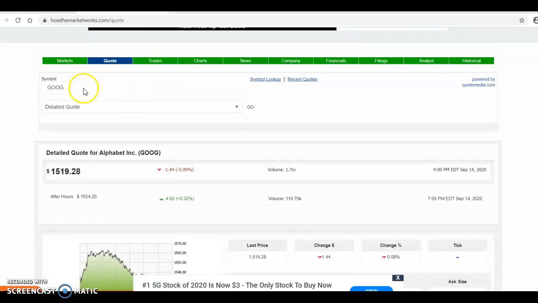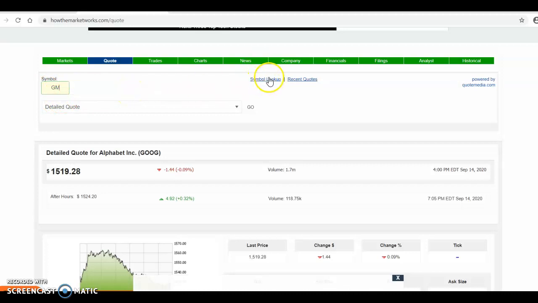Now up at the top, this gives the symbol of the company. They use as an example Google, whose symbol is GOOG. You would have to put in the symbol of whatever company you want to look at. Now I'm putting in GM, which is the symbol for General Motors.